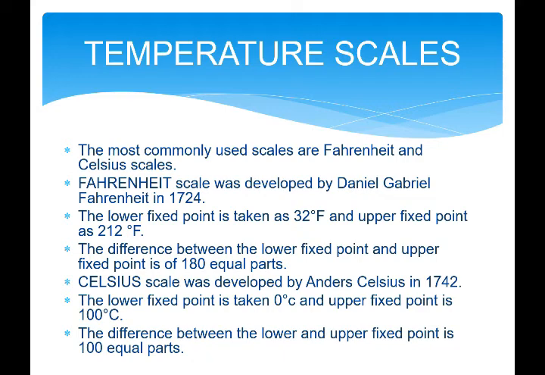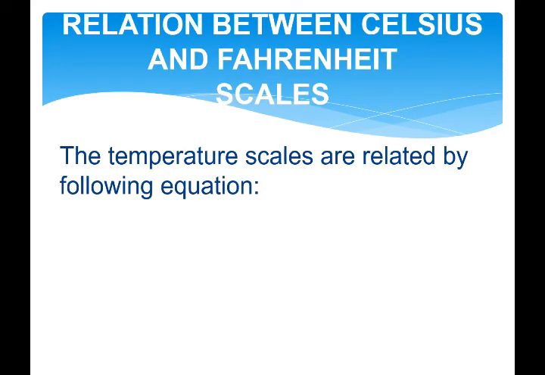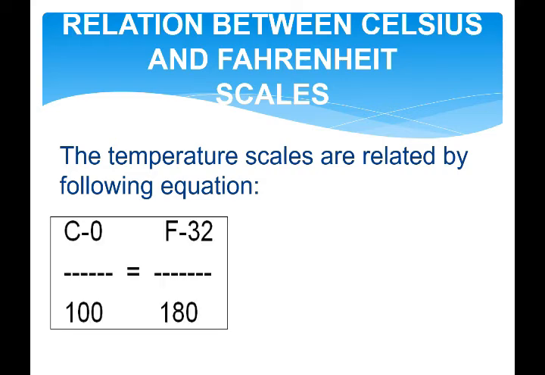Now let us learn about the relationship between the Celsius and Fahrenheit scales. (C - 0)/100 is equal to (F - 32)/180, where 0 is the lowest fixed point of Celsius and 32 is the lowest fixed point of the Fahrenheit scale.